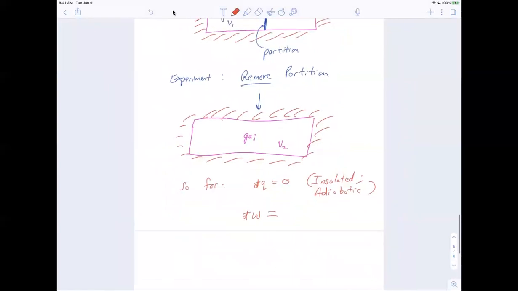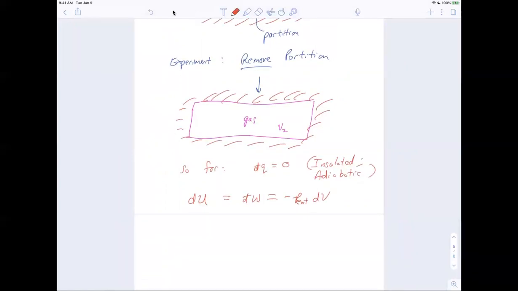How would we write this in the most general form? Let me help you. It would have to be dU, because it's adiabatic, so there's no dq. So dU is going to equal dW. This is the application of the first law. And so what is dW?